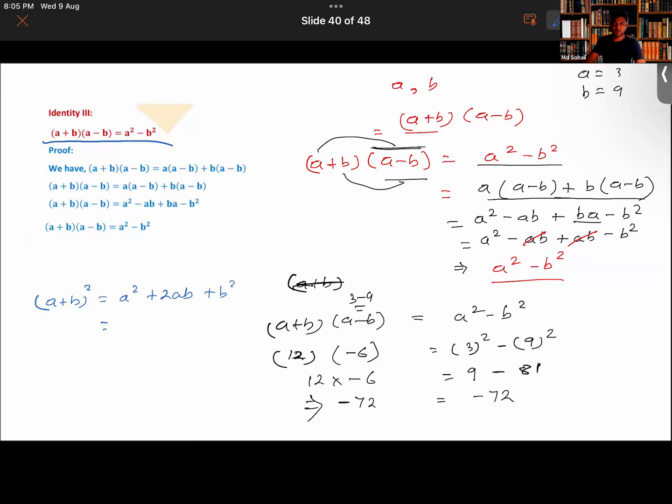Arhan, what about the second identity which we discussed? It was a minus b whole square.